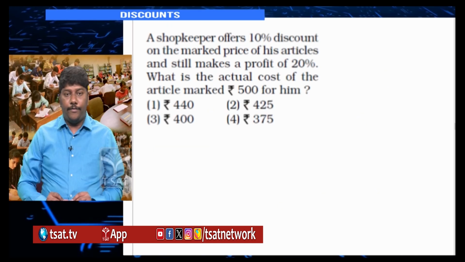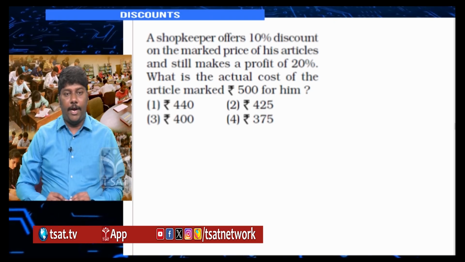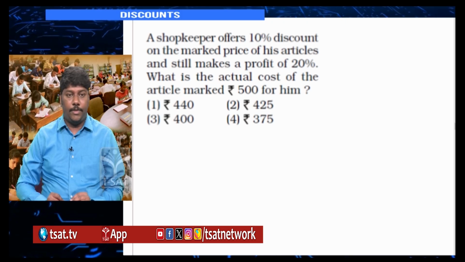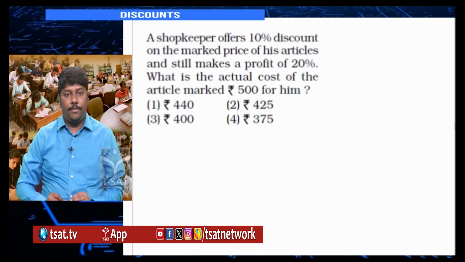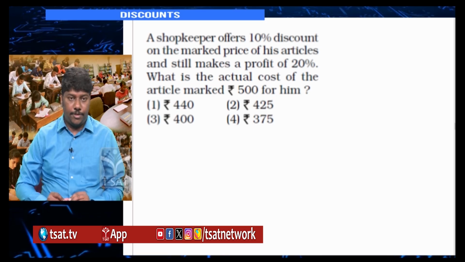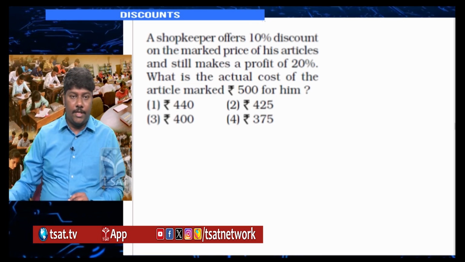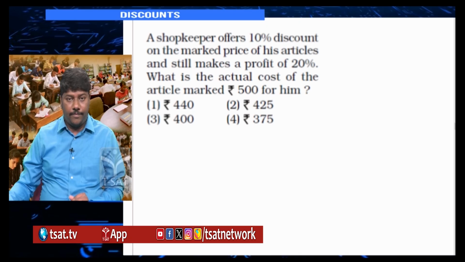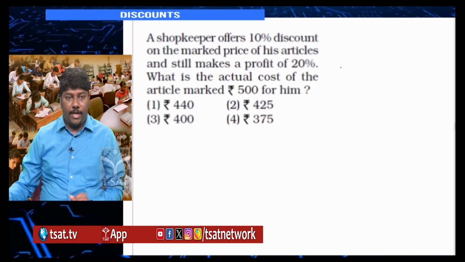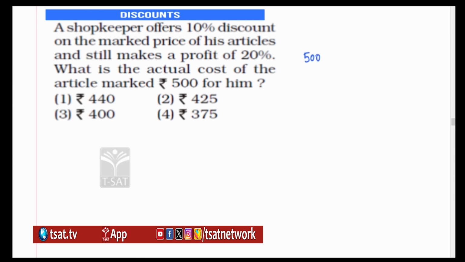A shopkeeper offers 10% discount on the marked price of his articles and still makes a profit of 20%. What is the actual cost of the article marked 500 for him? So MP is 500, cost is CP, 100 plus profit is 120, discount is 10, therefore 90.